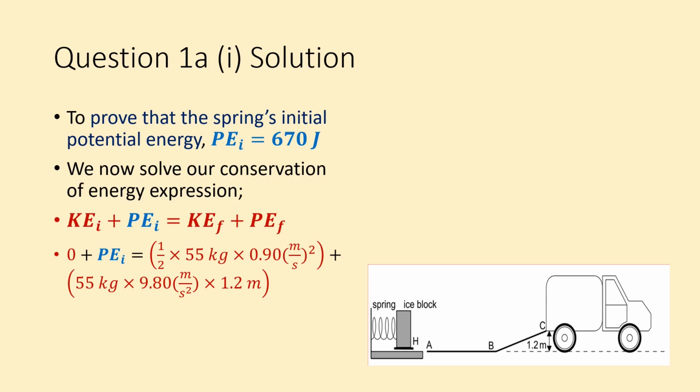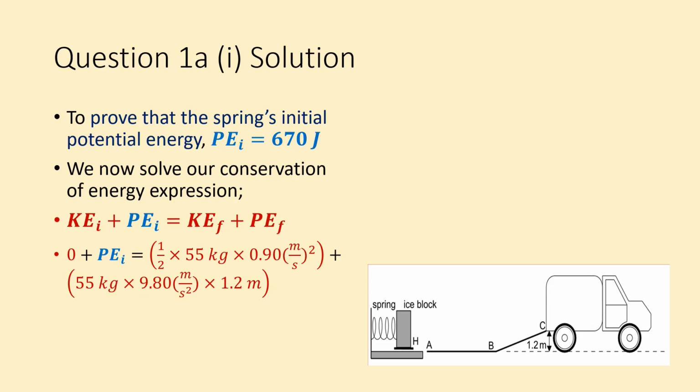So this PEF could have consisted of some spring potential energy in some world, but the only potential energy that is relevant at point C is gravitational potential energy. Even that PEI value in another case could have consisted not just of the spring's potential energy, but also gravitational potential energy. So that PEI could have encompassed two kinds of potential energy.